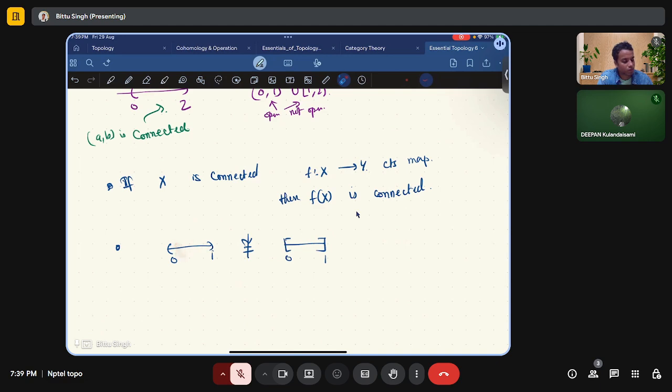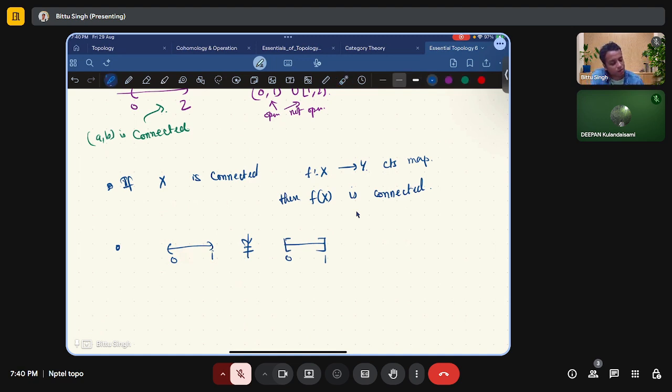Suppose we remove the point p, then this interval will be broken into two parts, the open interval (0, p) union (p, 1). So that can be written as a disjoint union of two open intervals. Non-trivial means those are non-empty and not the full set.